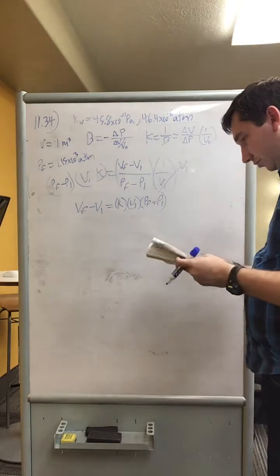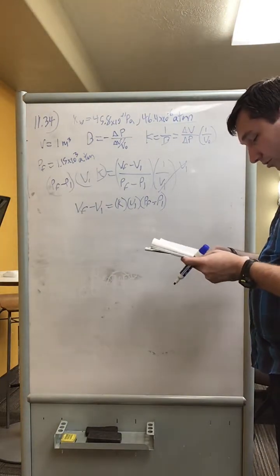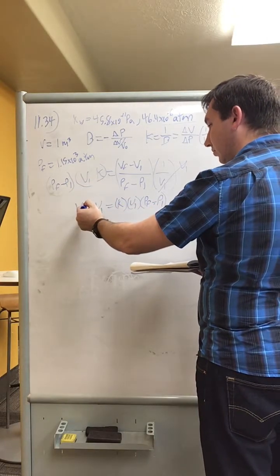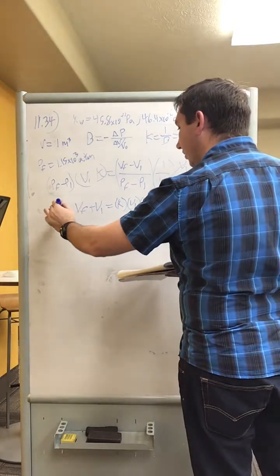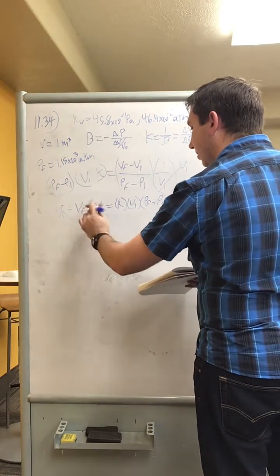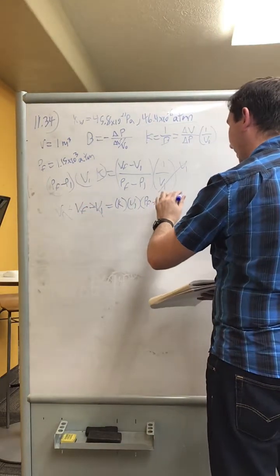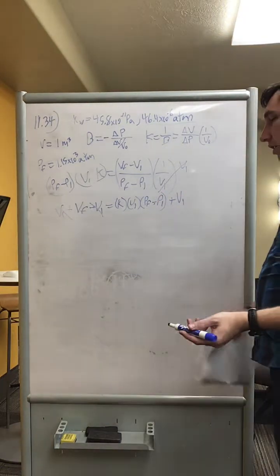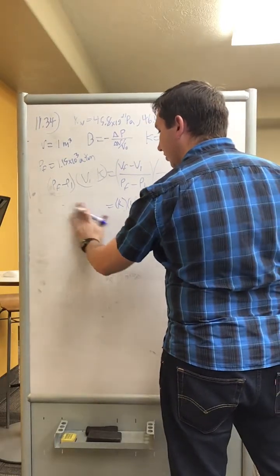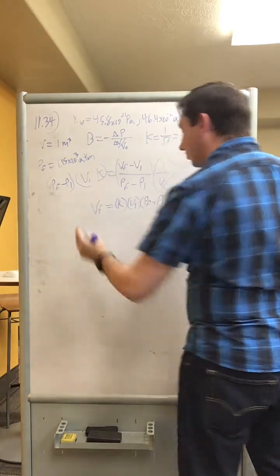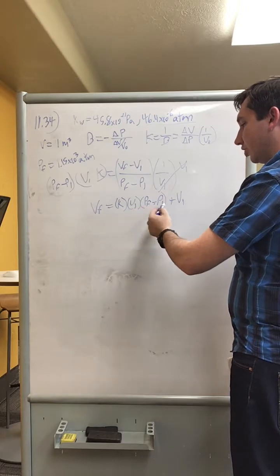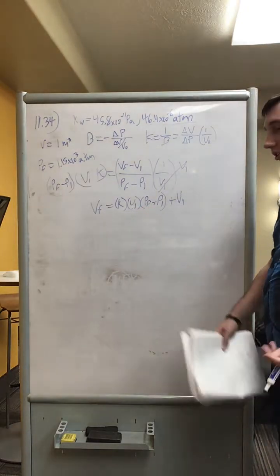Then we just add the initial volume to both sides, so those cross off, and the initial volume goes over to this side. So volume final is going to be equal to K times the volume initial times the change in pressure plus the initial volume.